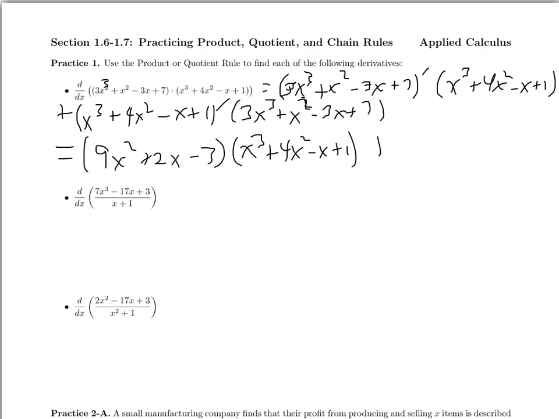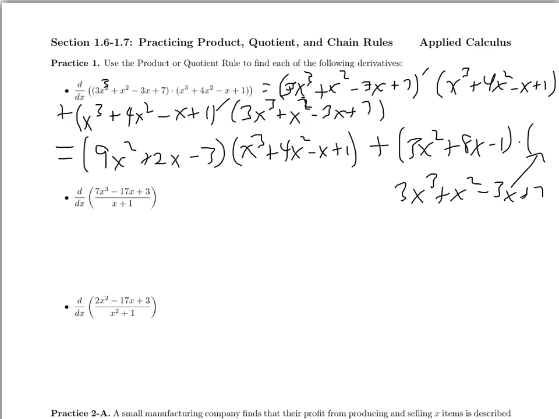And then we add to that the derivative of the second term, which is 3x squared plus 8x minus 1 times the first term. So what goes in here is 3x cubed plus x squared minus 3x plus 7. So that's the unsimplified answer.